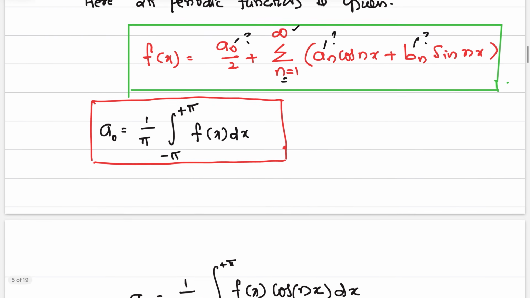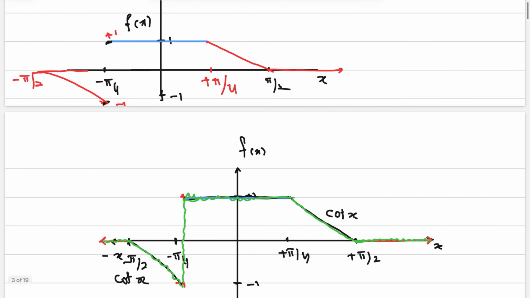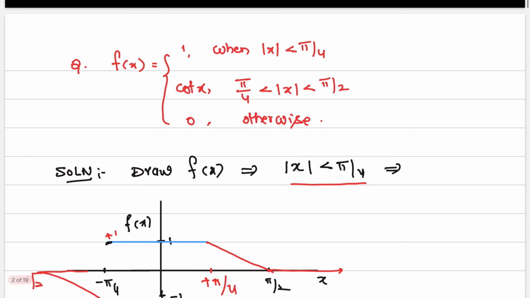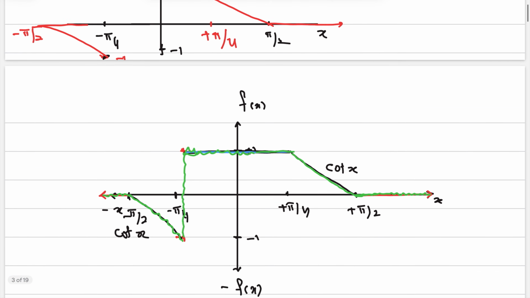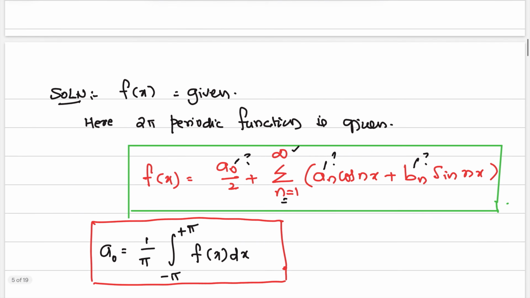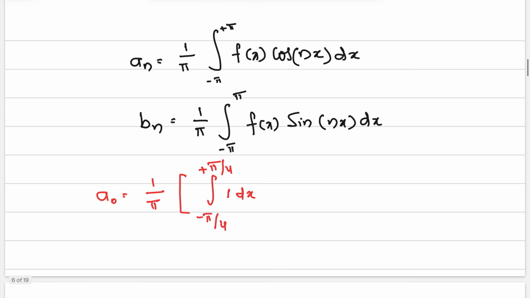Next, what are the limits that are given for x value? Pi by 4 to pi by 2. Absolute value of x is less than pi by 4. That means it can be up to minus pi by 2, up to minus pi by 4, and the other thing plus pi by 4 to pi by 2. That interval is split here. Here what will I write?